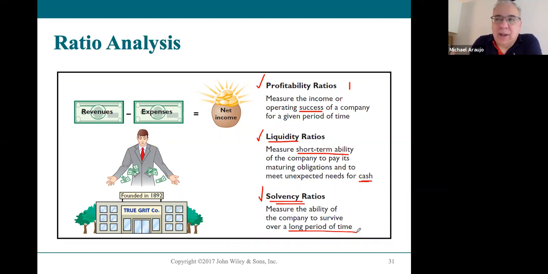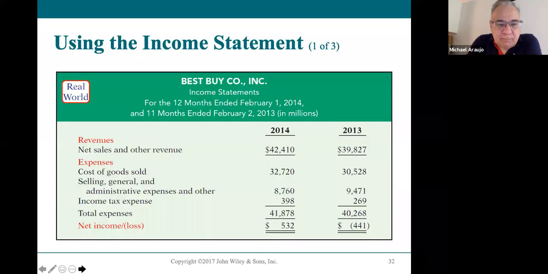That's what's happening to a lot of retailers right now. They just have way too much debt, and they don't have enough revenue coming in to help pay all their bills, so they have liquidity problems, and to pay their long-term debts, so they have solvency problems. And so those are some of the introductory ratios that we're going to be looking at.